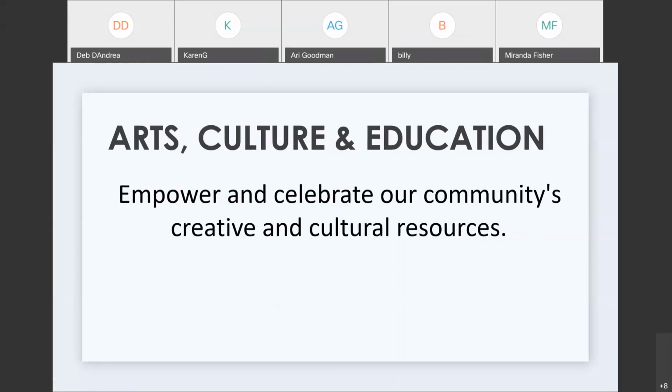Okay. Well, it reads: arts, culture, and education empower and celebrate our community's creative and cultural resources. So I think we wanted to maintain kind of a homegrown orientation toward arts.